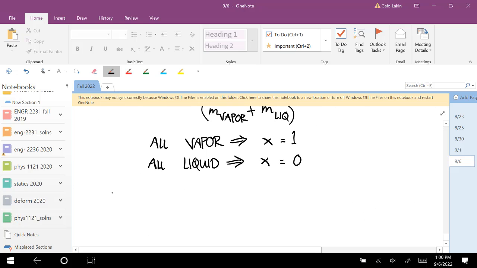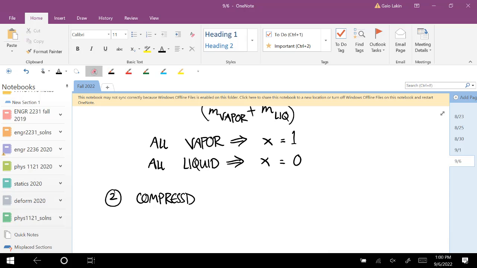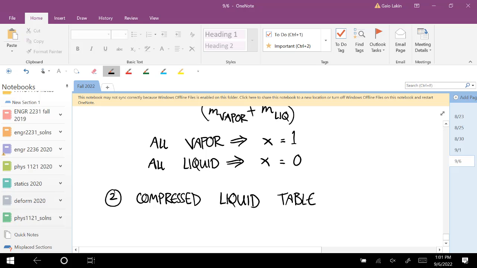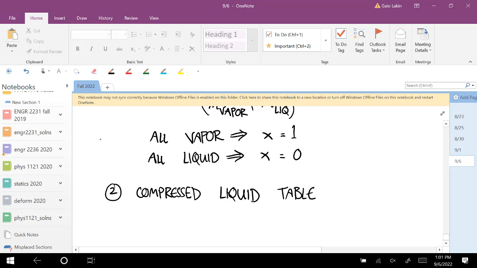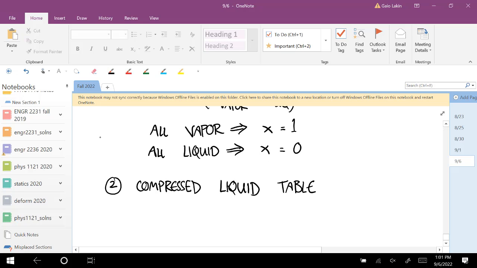The second one is a compressed liquid table. And these we have to look up by pressure and temperature. The way we do that is they're grouped into different pressures. And inside that group for that pressure, you look it up by temperature.